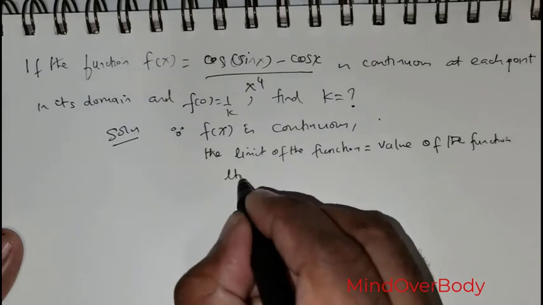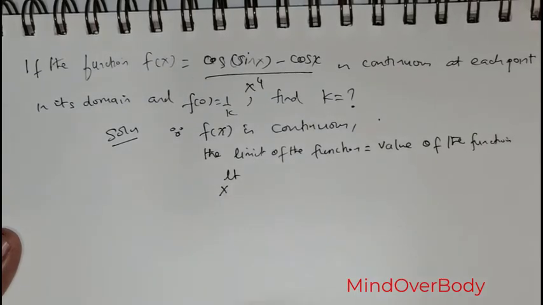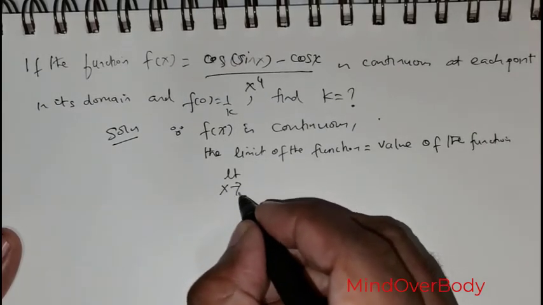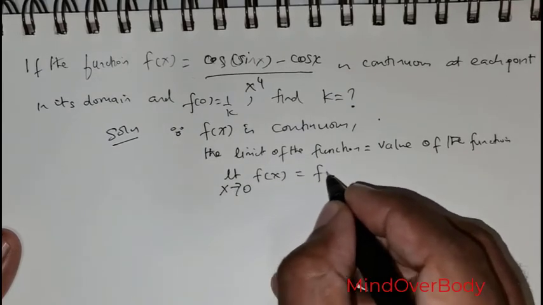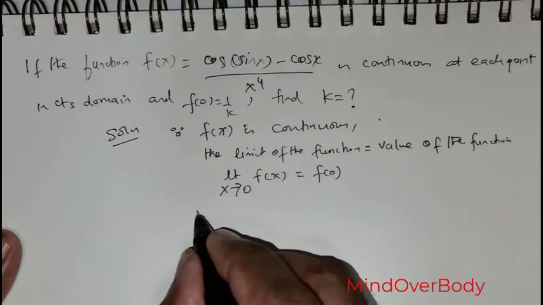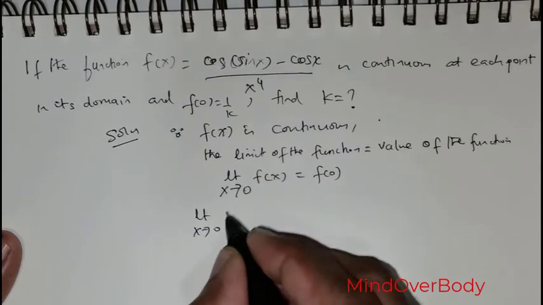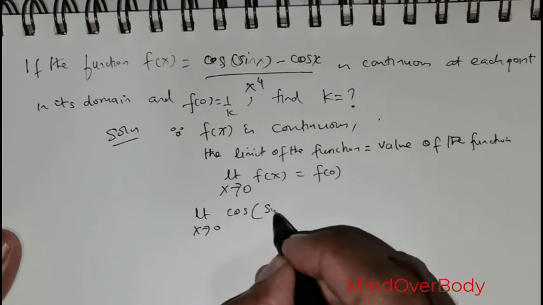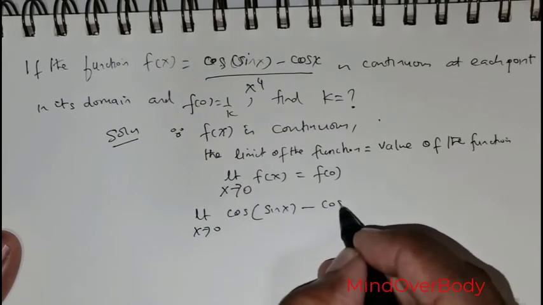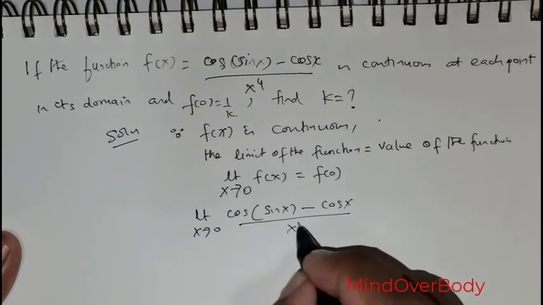So what is the meaning of this? This means limit x tending to 0 of f of x is equal to f of 0. So what is the function given? The function given is this: cos of sin x minus cos x, divided by x to the power of 4.